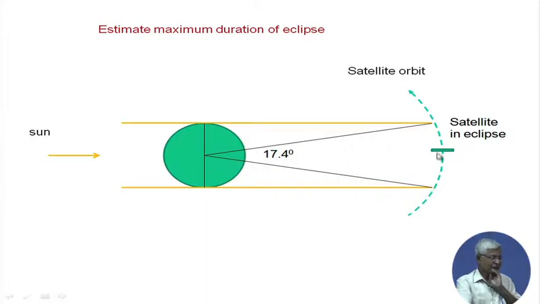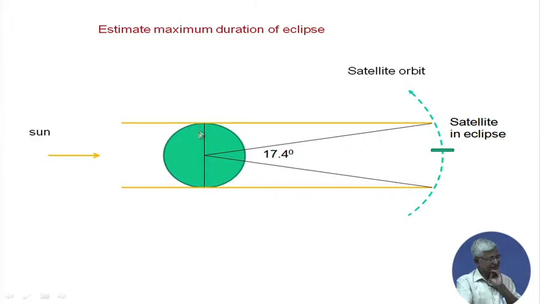And how long is this duration? The shadow will remain on the satellite during the night when the sun, Earth center and the satellite are on the same line. We have seen in the other session the calculation, that is, satellite to Earth, this angle, the visibility angle, was 17.4 degrees.